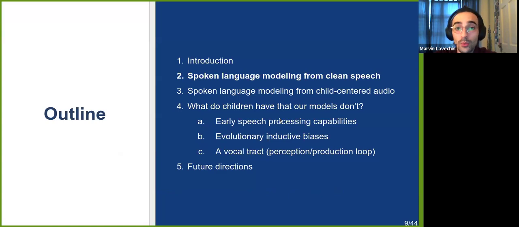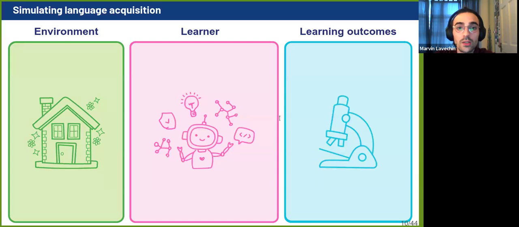All right, so I'm going to present a first study on spoken language modeling from clean speech. The idea is to build a learning algorithm that reproduces early sound and word learning in infants. Here's the approach. We have a model of the environment, so the information the child receives, a model of the learner, so the mechanisms responsible for learning, and a model of the learning outcome, so how we measure the language capabilities of the model.